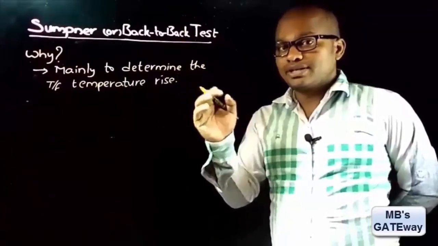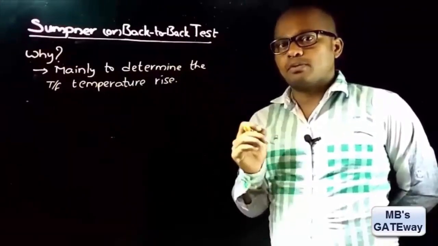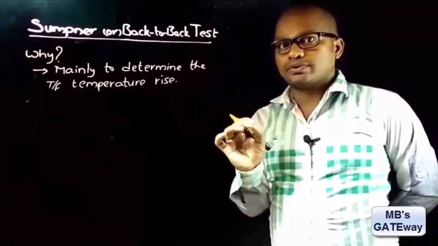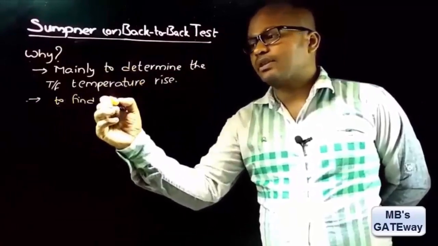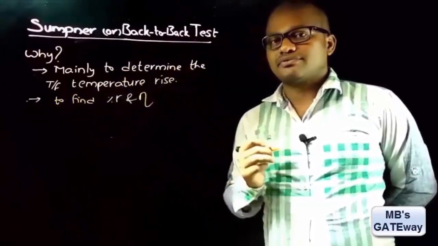Because if the temperature rise is enormously high, the transformer might get exploded like a bomb. So that is why most of the transformers are placed outdoor. And secondly, it is used to find the performance of the transformer, that is percentage regulation and efficiency of transformer.